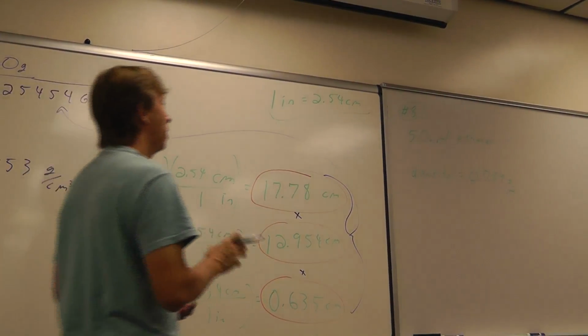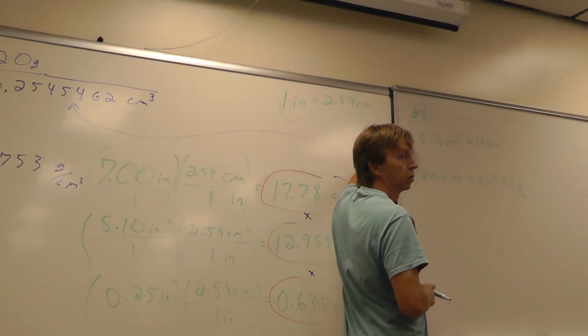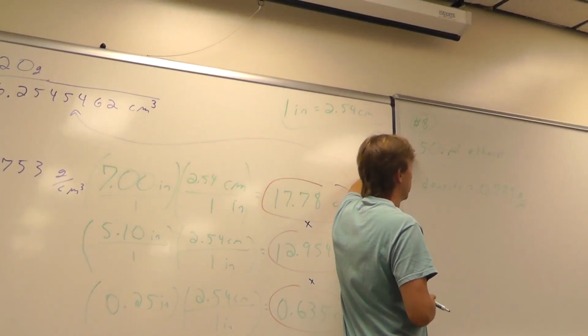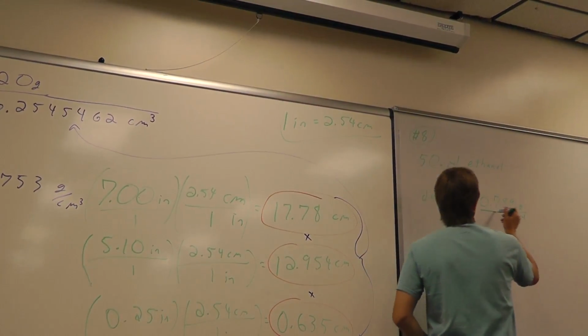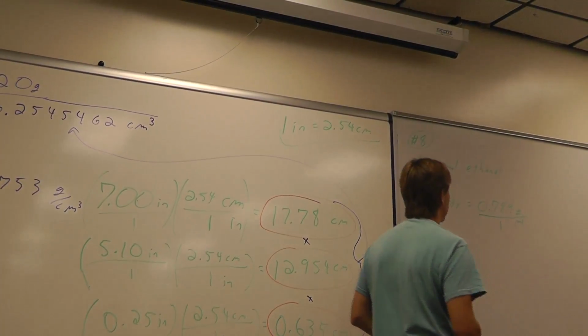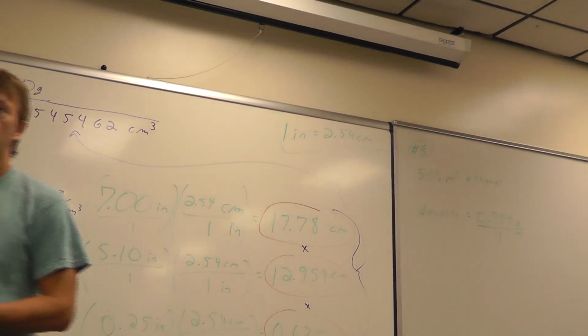And we want to know how much that 50 milliliters is going to weigh. The density tells you that 1 milliliter weighs 0.789 grams. That's your conversion factor.